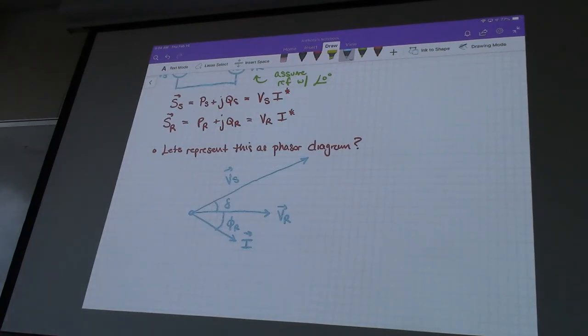And so then what we can do is calculate VS using the end-to-end method. So this green arrow here is jXI. So it's rotated by 90 degrees as well as multiplied by the length of X.